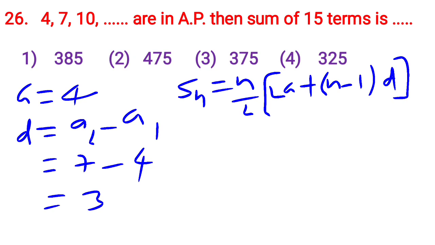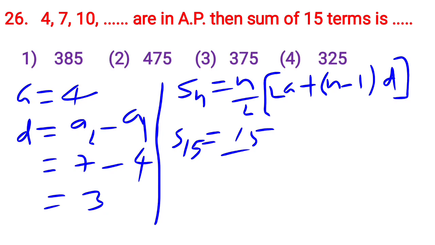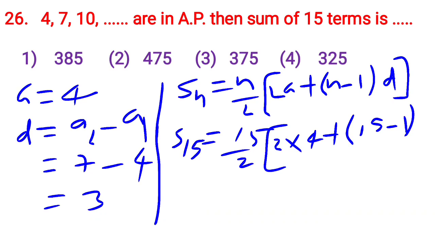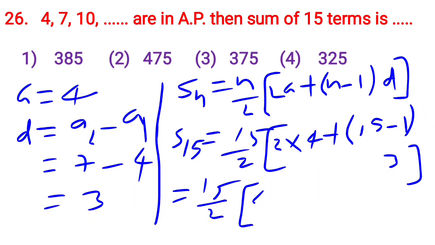Let's substitute the values. So here Sn means S15. Substitute n equals 15. So 15 by 2 into 2a, a value 4 plus n value 15 minus 1 into d value 3. So it is equal to 15 by 2 into 2 4s are 8 plus 15 minus 1 is 14 into 3.